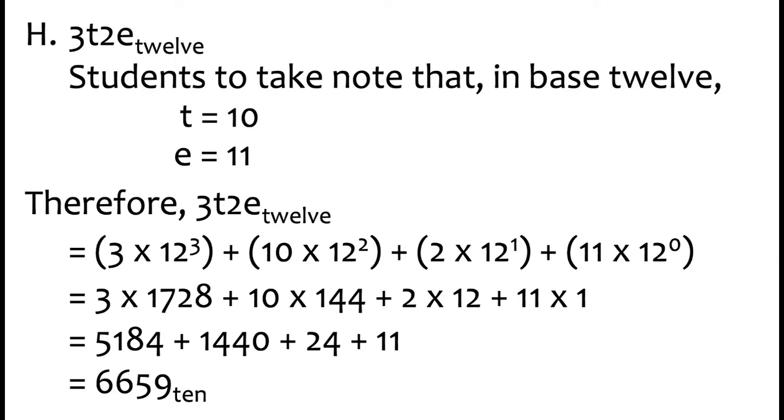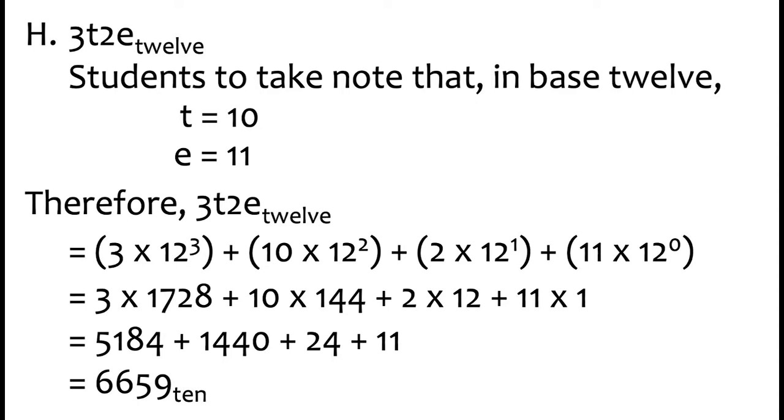If you multiply 12 in 3 places, you will have 1,728. So we'll be having 3 times 1728 plus 10 times 144, because 12 times 12 is 144, plus 2 times 12 raised to the power 1 is 12, plus 11 times 1, because 12 to the power 0 is 1.